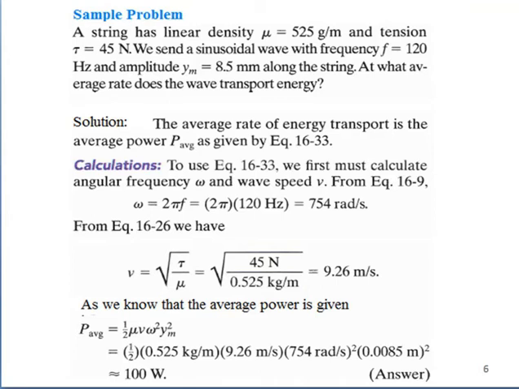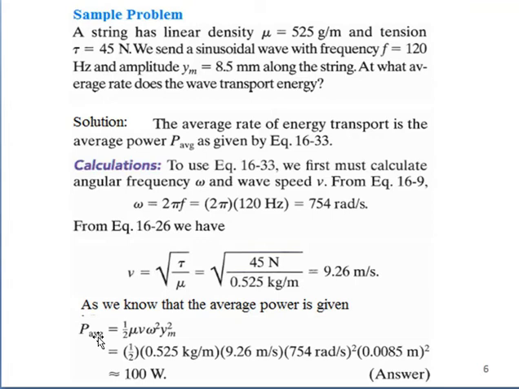So simply we have to use the above equation, that is P average is equal to half mu v omega squared Ym squared. We have to use this equation to calculate the average power.